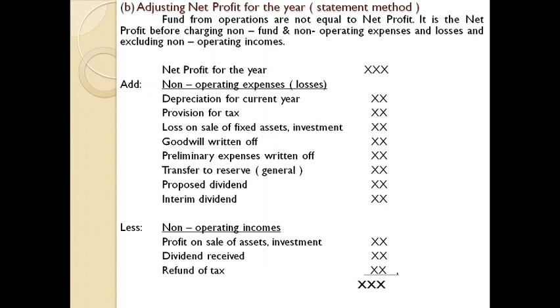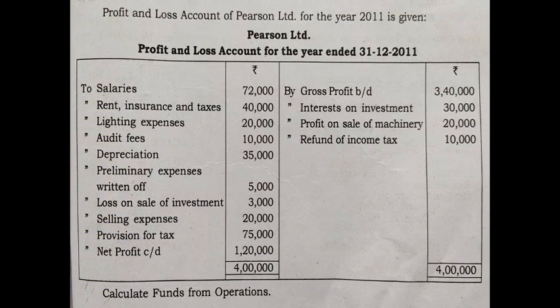Today we will discuss a case where you need to find the actual fund from operation. Next case: it is a question in which a profit and loss account is given and you are asked to calculate fund from operation.